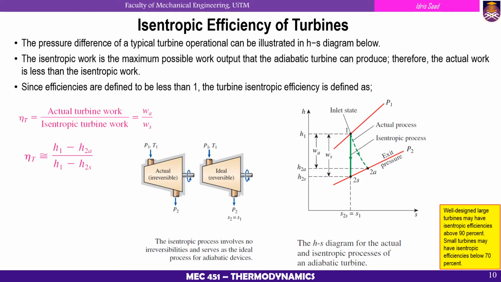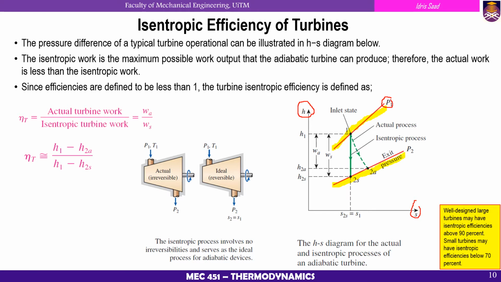The pressure difference of a typical turbine operation can be illustrated in the HS diagram here. So this is the HS diagram. This red line is the line of pressure. Similarly, this is also a line of pressure.